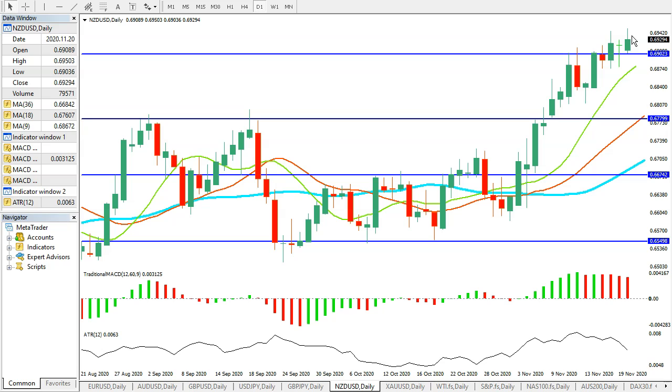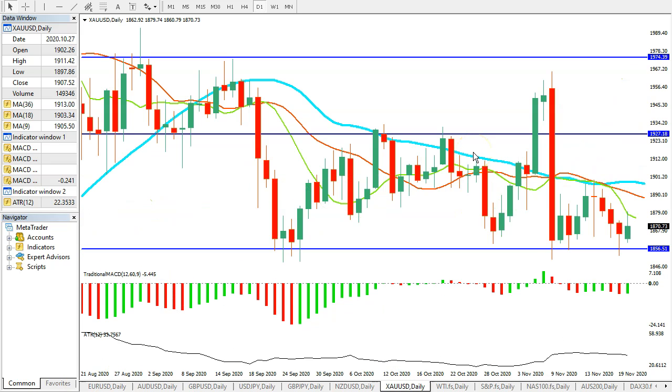So we have a clear uptrend and we have no indication of an end of trend yet. So we will be looking only for long entries at this point. For example, if the price retraces anywhere around this level, giving a setup, we will consider going long.